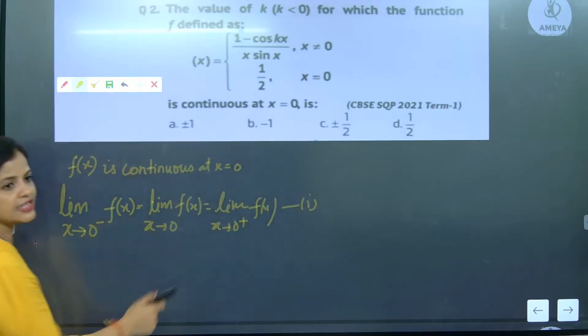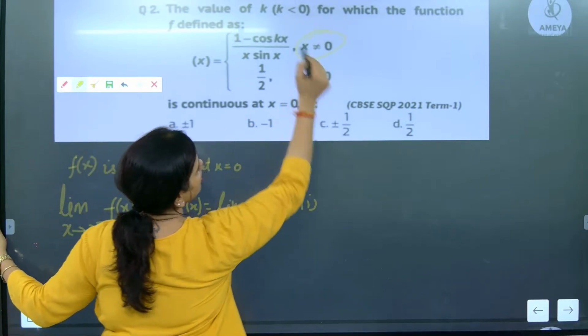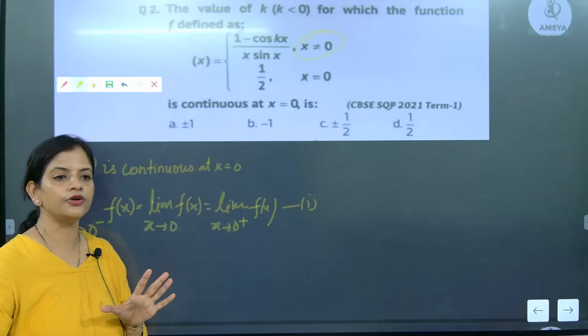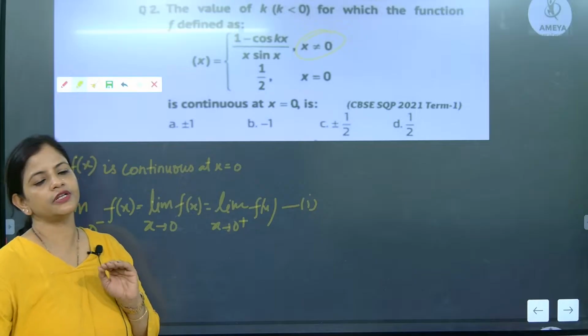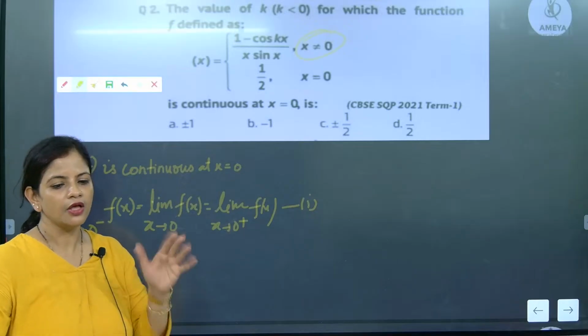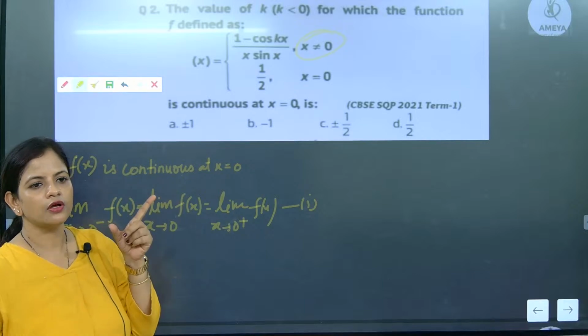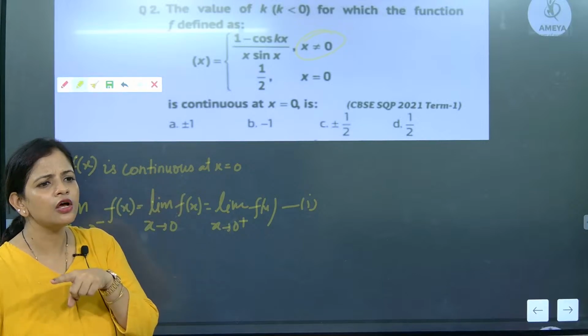Now here x is not equal to 0 is given. When x is not equal to 0 is given, what does it mean? You need to understand this first: the value can either be on the left side or the right side.